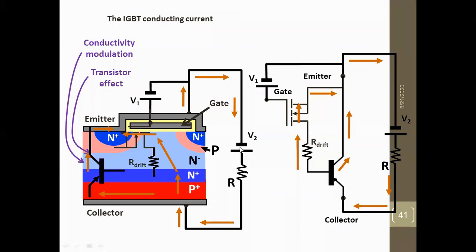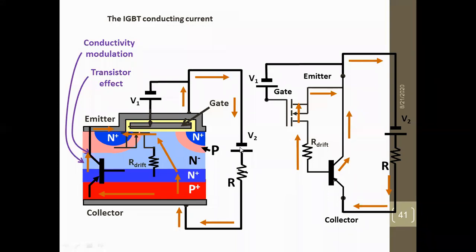If the gate is giving signals to the device, the switch turns on. To turn it off, the gate voltage has to be reversed first.